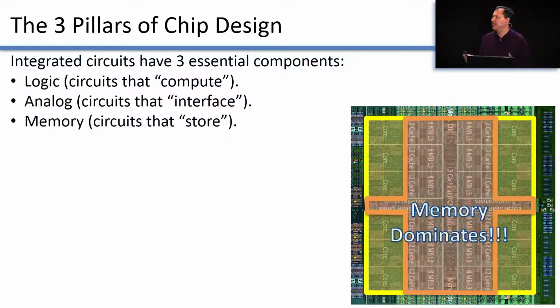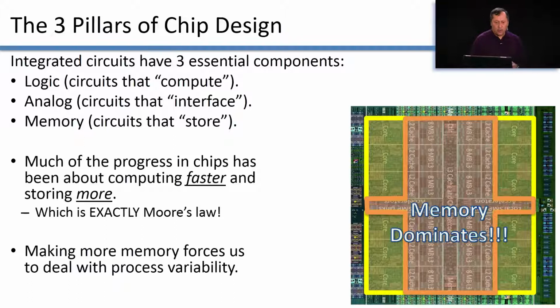And if you look at any picture of a modern chip, you will see that memory usually dominates. Most of the chip is made out of memory. So much of the progress in our chips over the last 50 years, that we can say has been Moore's law, much of it has been about going faster and storing more.